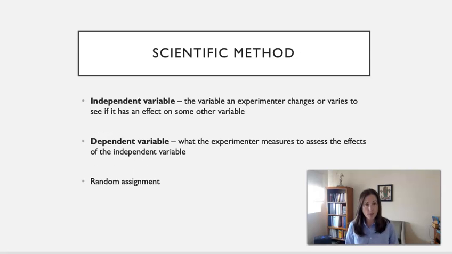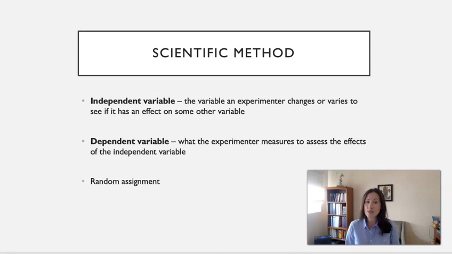So when you do an experiment, which is what a lot of the research that you learned about this semester was about, you have an independent variable and you have a dependent variable. The independent variable is the variable an experimenter changes or varies to see if it has an effect on some other variable.